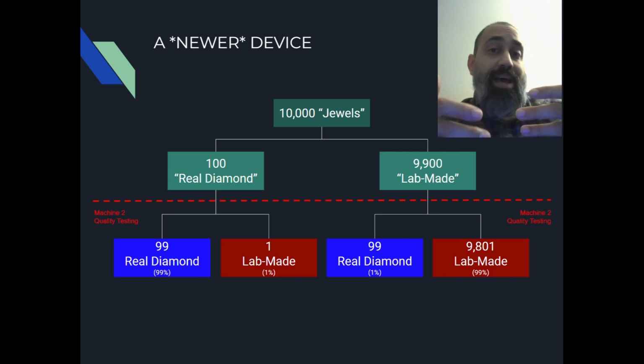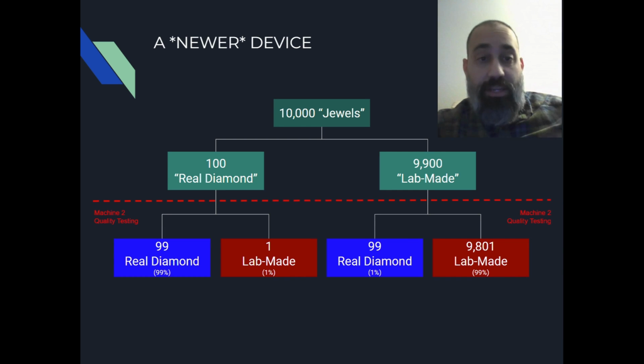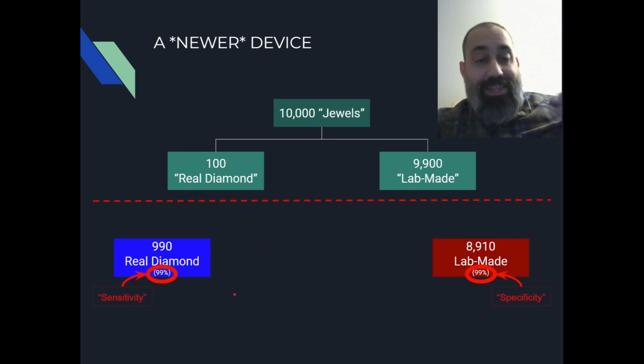We could quantify how well the device had done in making sure that real diamonds were labeled as real and fake or lab-made diamonds were labeled as fake. And each of those would have an error rate. So in this case, I've chosen 1% as the error rate in both cases, and we call that the sensitivity or the specificity.